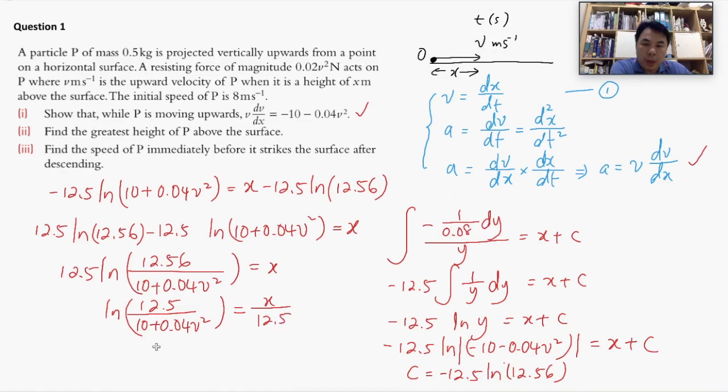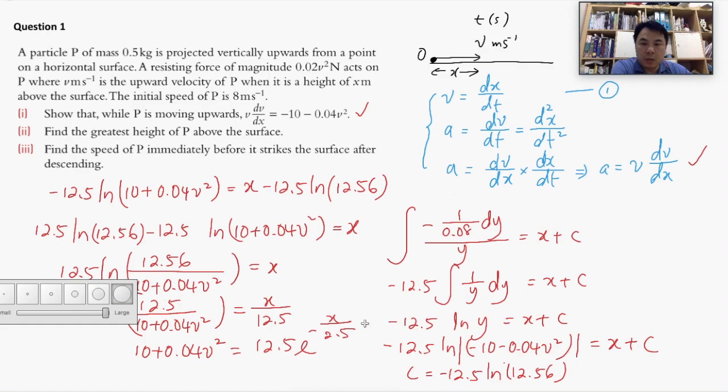Let me take a bit of a shortcut. So in this case we have 12.5 e negative x over 12.5 then. Okay, I hope that is clear at this point. Okay, so just let me clean up this section here.